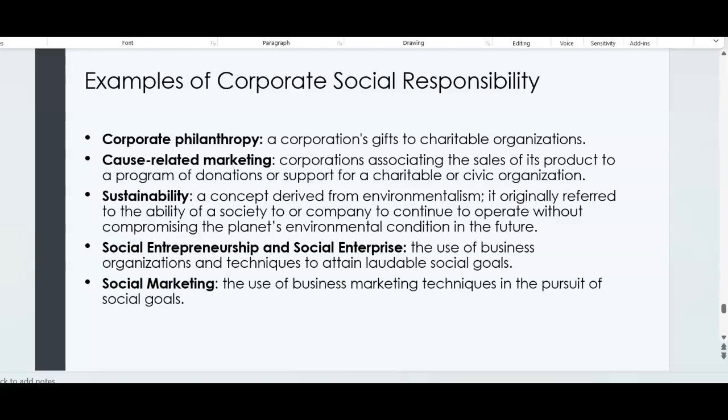Social entrepreneurs and social enterprises are when the business themselves exist to further a social cause. And lastly, social marketing, where some examples have been like Target or other retailers supporting the LGBTQ community and Pride months. You'll see like Dove, the Dove body care product line, supporting and promoting body positivity, these types of social marketing campaigns that businesses will engage in as well.